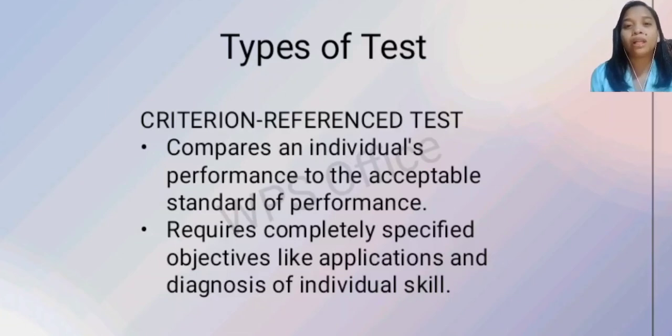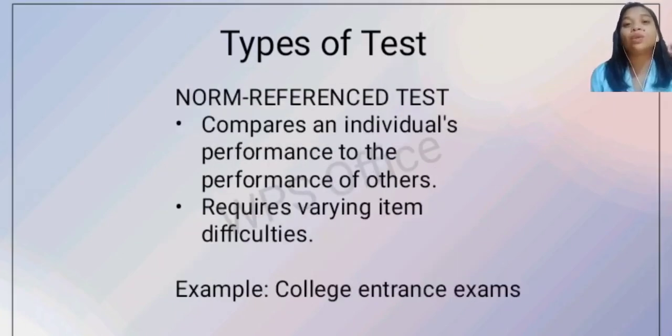And number 10 is the norm reference test, which compares the individual's performance to the performance of others, or it could require varying item difficulties. For example, the entrance exam.